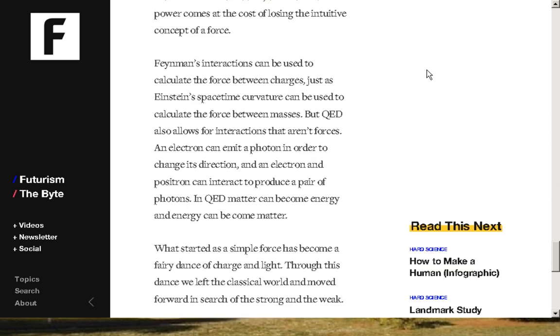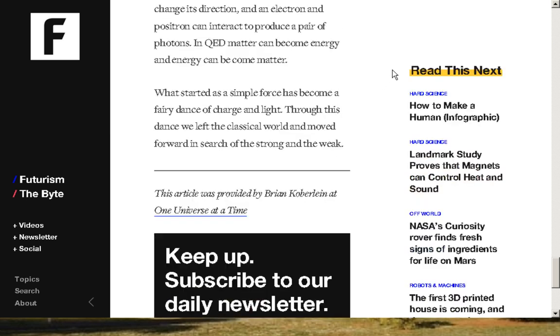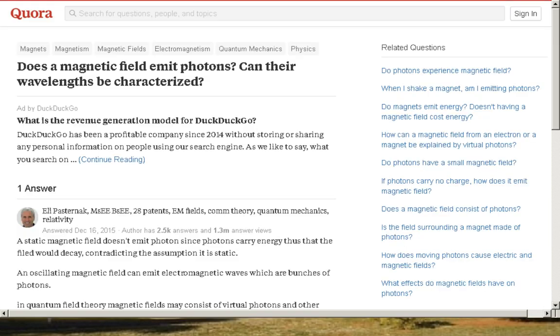It's saying that QED is allowing for interactions that are not forces. That didn't help very much.